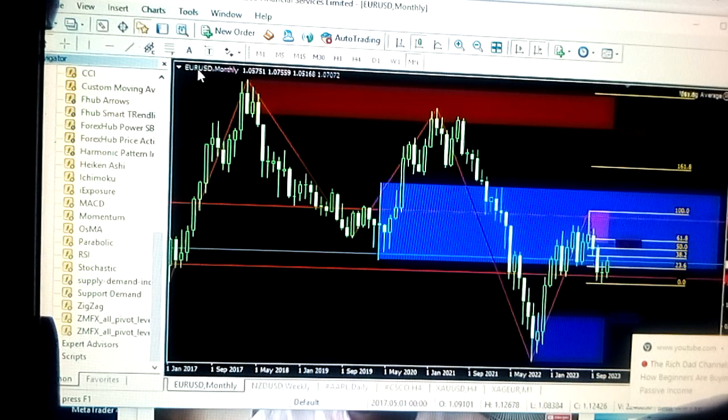When the dollar goes up, Euro normally goes down. And right now the dollar is going up, so Euro USD will be going down. That's what's happening here.